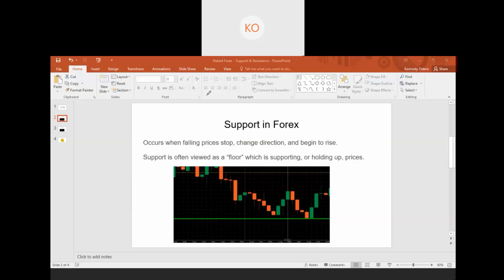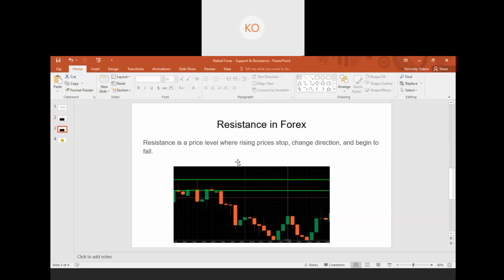Now, similarly, resistance is almost like the opposite. It's like the roof of your house. When prices are rising, normally they get to a level in which they stop, change direction, and begin to fall.